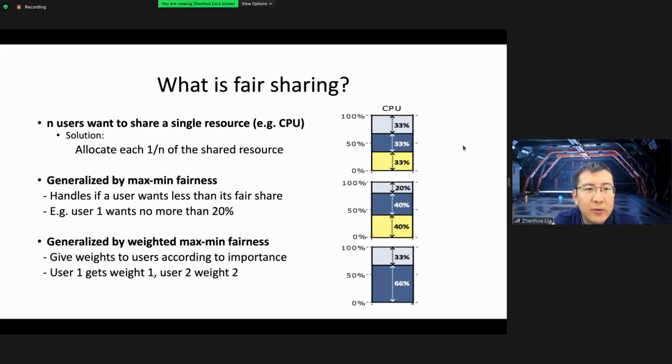The generalized version is that this is an equal share, right? It's generalized by max-min fairness, which means that we want to maximize the minimum of the want. For example, if user one wants no more than 20%, then you can give this user 20%, and then the other two users can each get 40%.